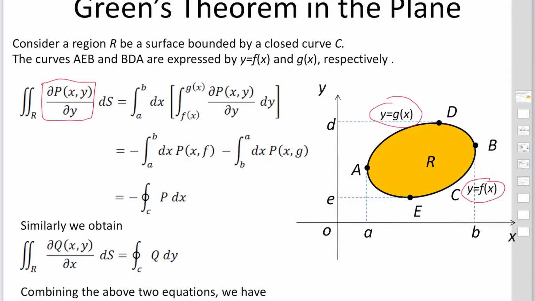This double integral is the integral over x and the integral over y. If you consider the integral over y, the lower limit is f and the upper limit is g.